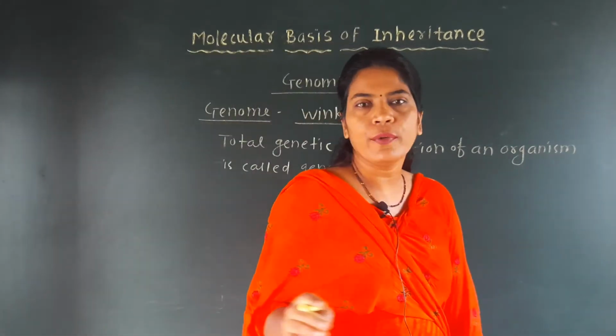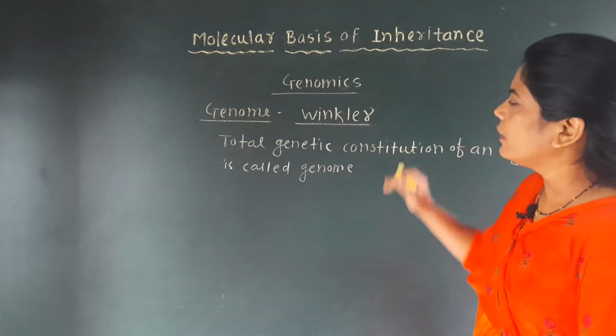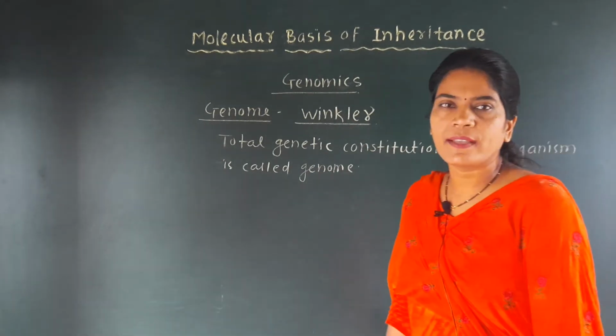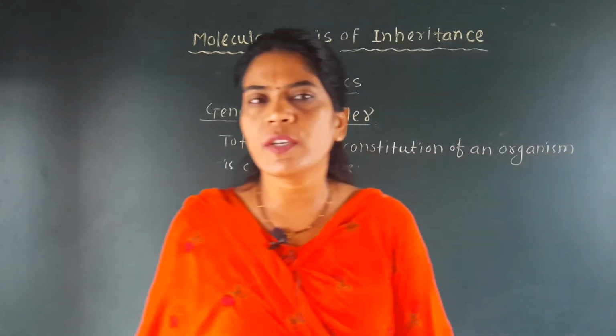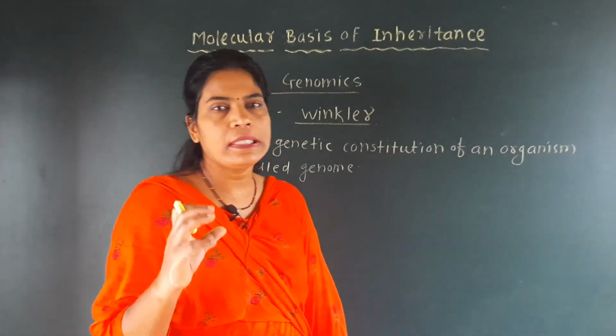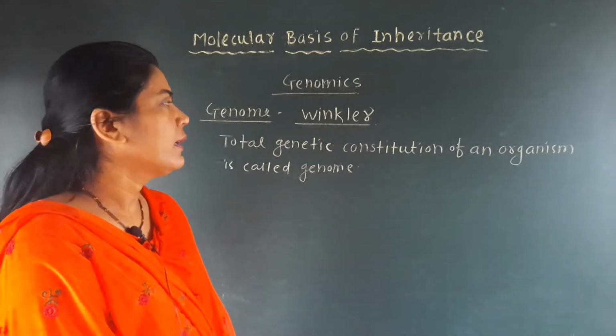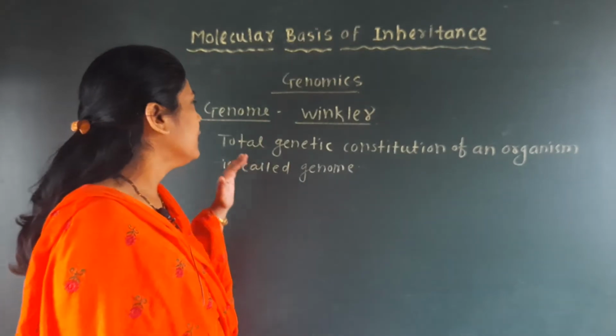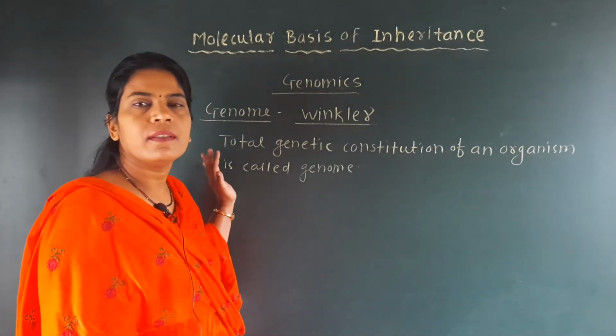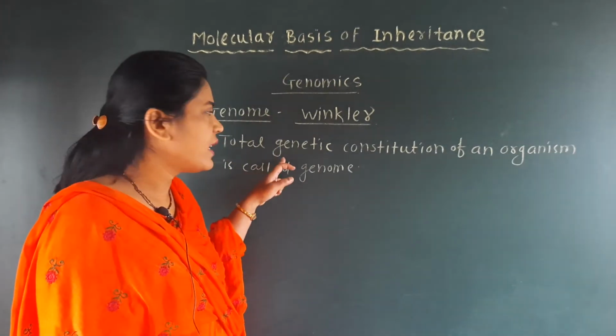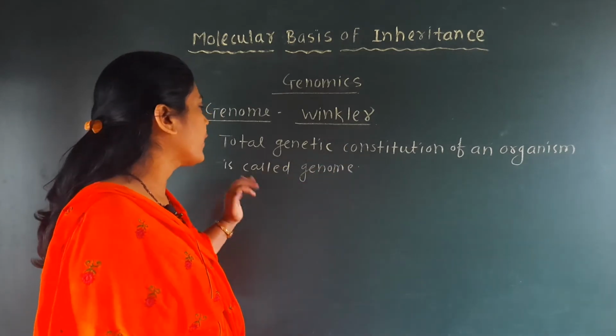The point we are going to discuss now under genomics is a little bit complex and requires some additional information, so listen to this lecture carefully, because genome means the total genetic constitution of an organism.